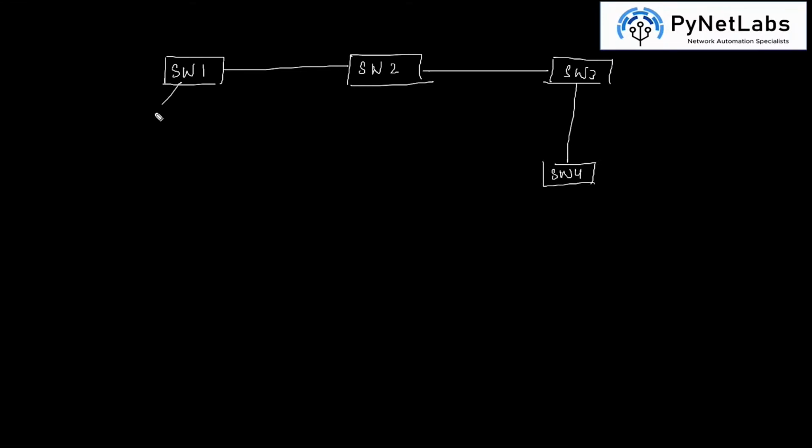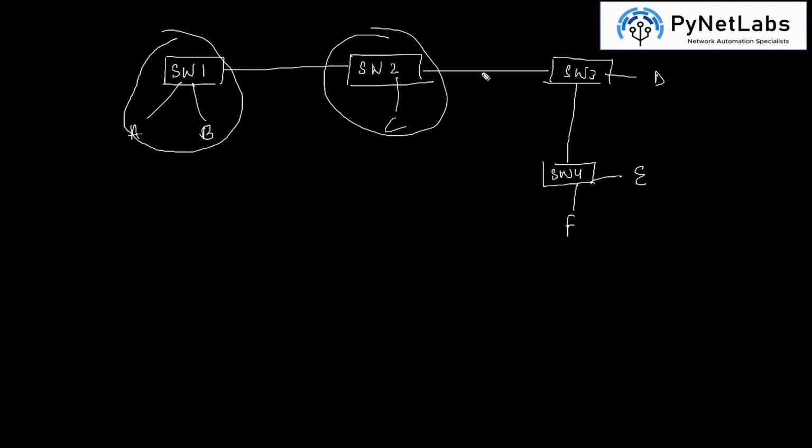Now switch 1 has users A and B, switch 2 has C, and switch 3 has D, E, F. So these are the users who are connected to these switches, right? So now the question is, if we put all of these PCs in different VLANs, they'll not be able to communicate, right?